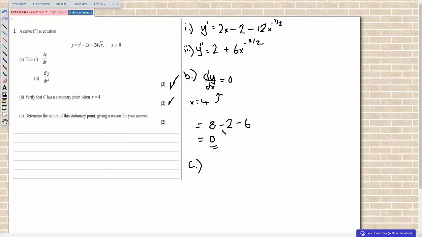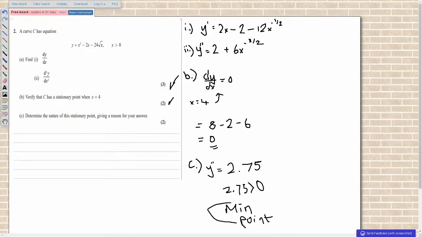So let's put it in. I've already done it just to save time, but when you put this in, you should get that the second derivative, y prime prime, comes to 2.75. Well, 2.75 is bigger than 0, so it's a minimum point.